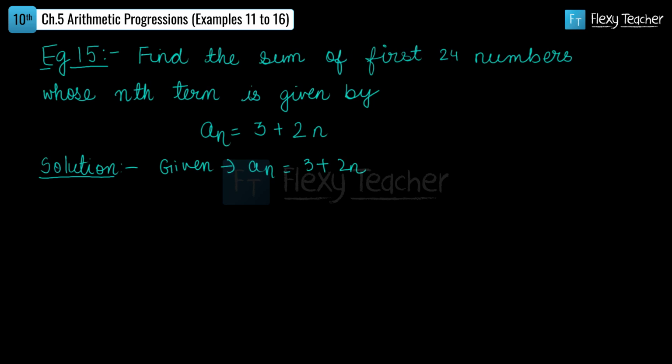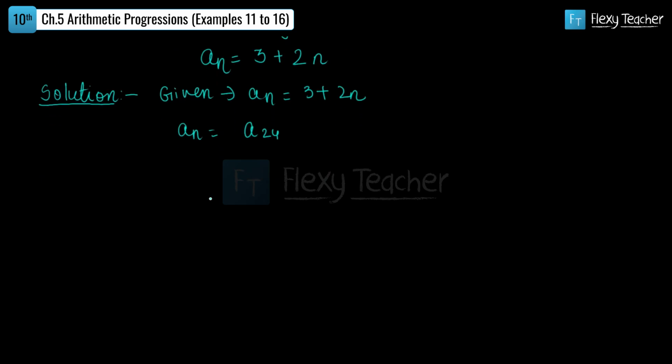Okay, and हमको ये करना है for the first 24 terms यानी a24. Okay, now let us assume कि n is 1. If n is 1, then a1 is equal to 3 plus 2 into 1. Okay, so this is equal to 5.